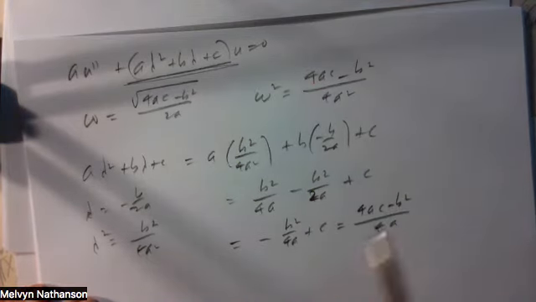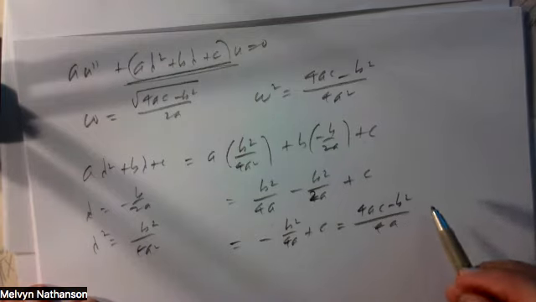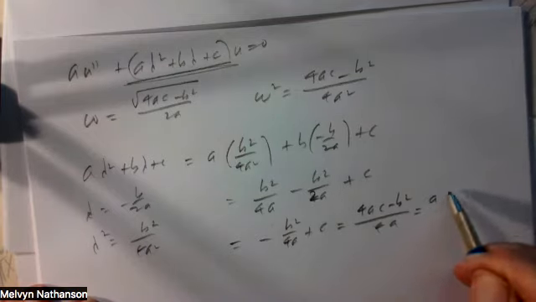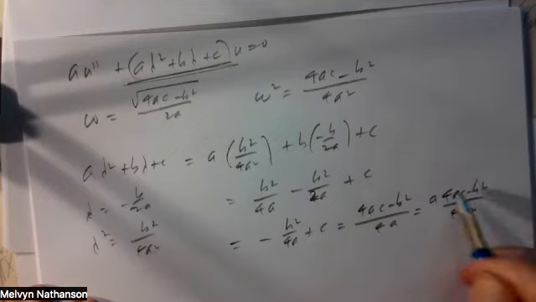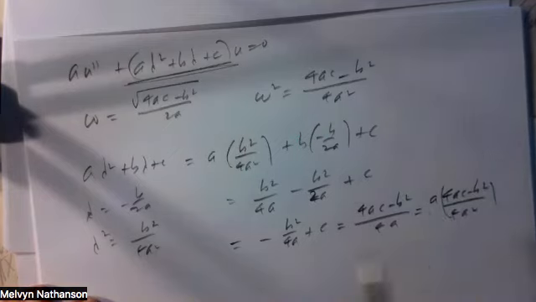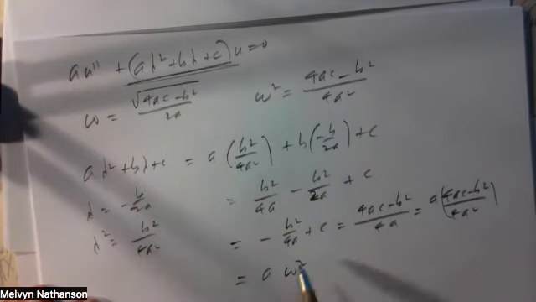Aha, excellent. So this is A times 4AC minus B squared over 4A squared, which is equal to A omega squared.